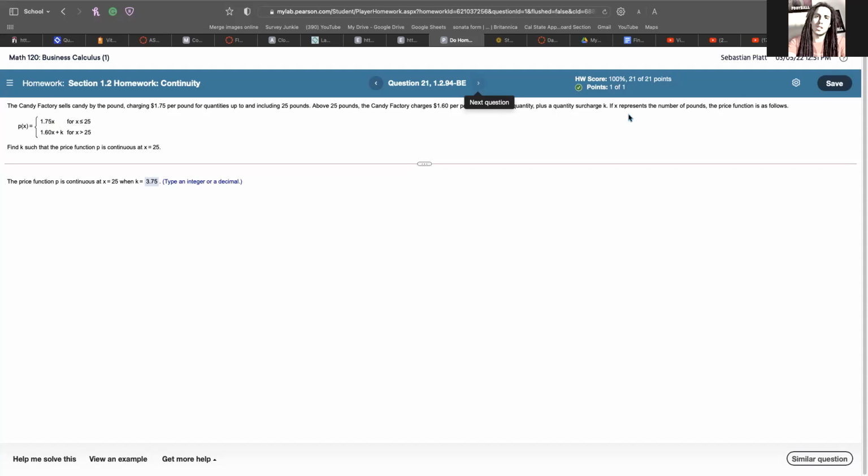For P of x, we have 1.75x for when x is less than or equal to 25 pounds. Anything greater, it will be 1.60x plus K, and that is for when x is greater than 25.